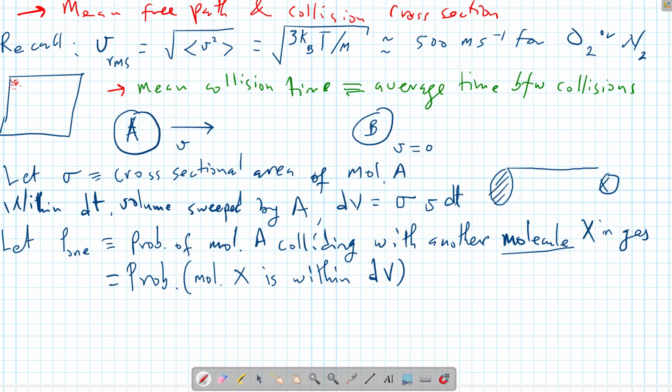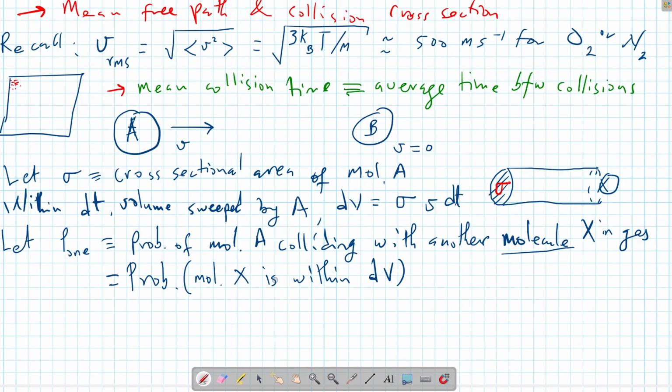So if this is sigma, the cross-sectional area of molecule A, and the volume is going to sweep, it's kind of schematic somehow, it's going to be cylindrical, right? So if for whatever reason molecule X is found within this volume over the time dt, then for sure collision is going to happen, right?